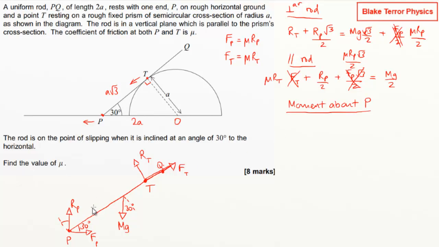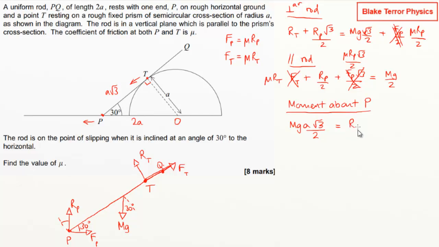So if we're doing moments about P, now remember we've got the distance of mg is a away. So that's going to be mg a cos 30, so root 3 over 2. That's going in the clockwise direction, and in the anti-clockwise direction, it's easier because that's already perpendicular, and we know that that is a root 3 away.